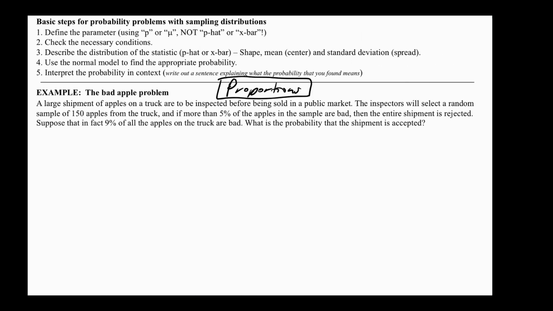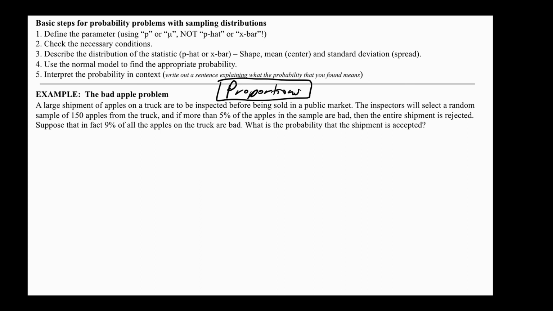So we'll do number one. Define the parameter. Since this one is a proportions question, we're going to say P equals, in words. I should have put that. So P is the true, I'll start you off, true proportion of what?